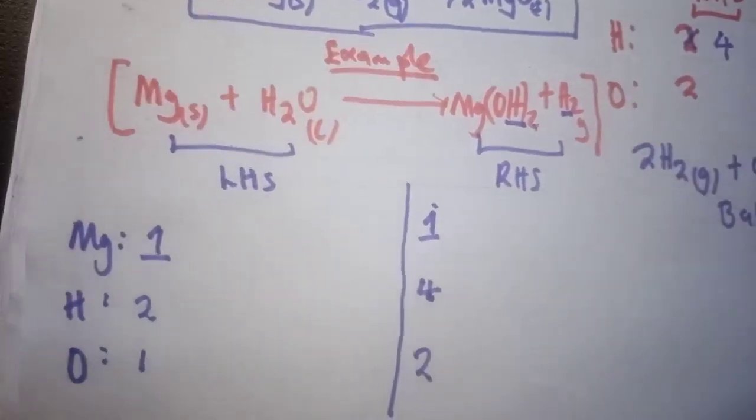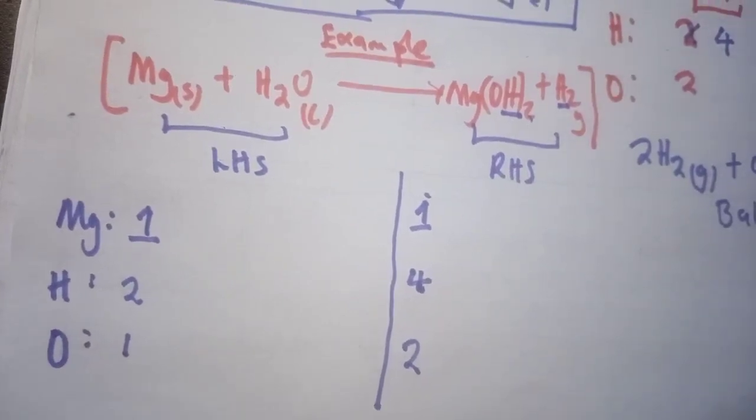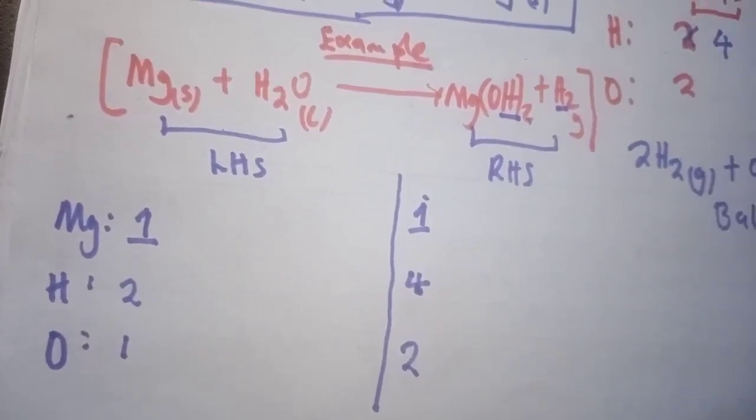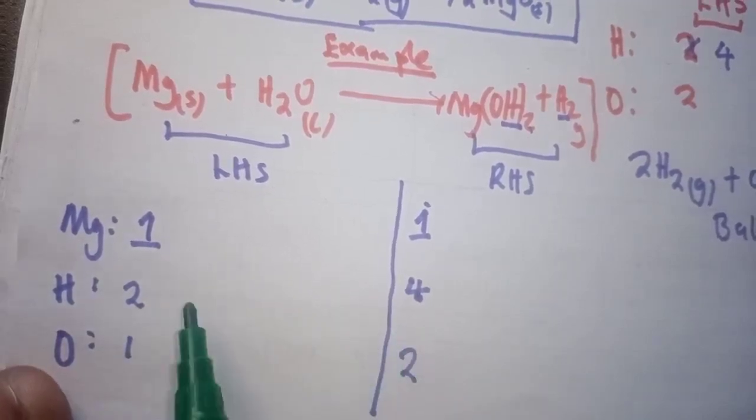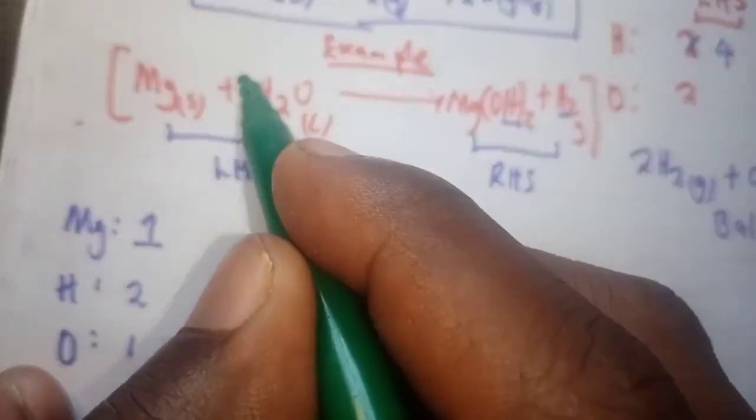So as you can see the equation is not balanced. Magnesium 1, 1. Hydrogen you have 2, the other side has got 4. Oxygen 1, the other side 2. How do we balance this equation now? Let's see if we can balance hydrogen by putting a 2 here.